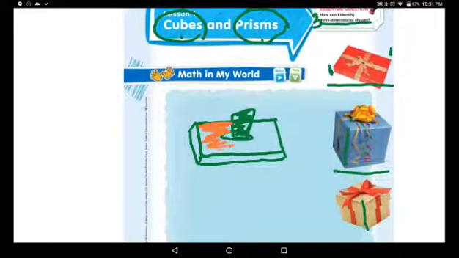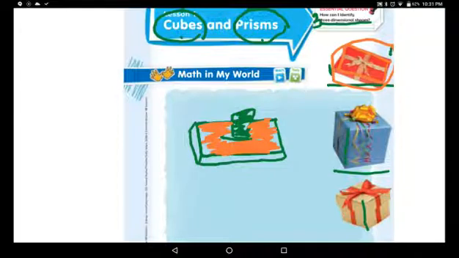As we said, it is a rectangle. So we call this tissue box shape and this gift shape, look at it here also, it's a what? It's a rectangle. So we call it rectangular prisms.